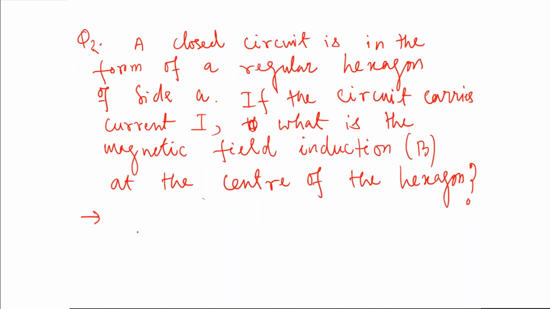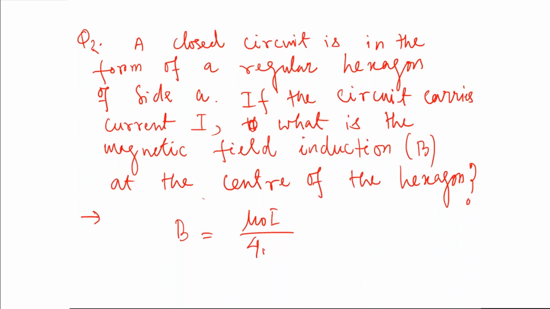Priyadarshini, all of you can try this problem for a hexagon. I'll just give you a hint. The same formula you have to use here also. First of all, you have to draw a regular hexagon, and then apply the same formula: mu0 I by 4 pi a, sine phi 1 plus sine phi 2.